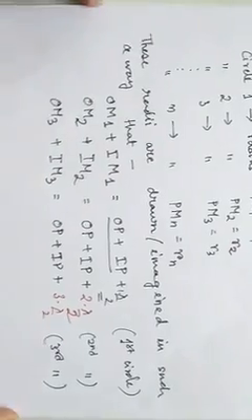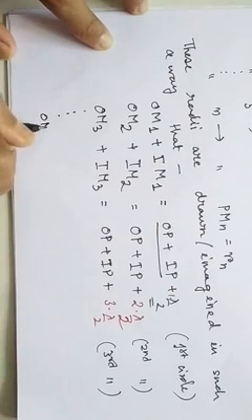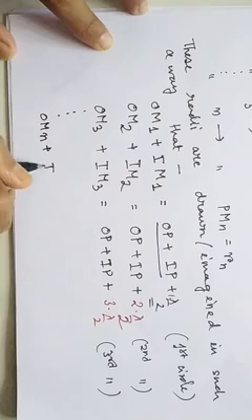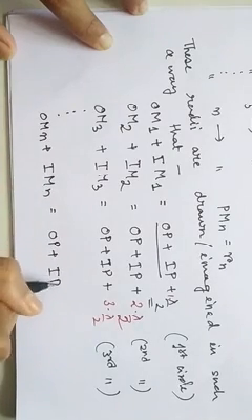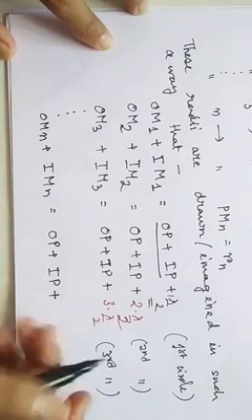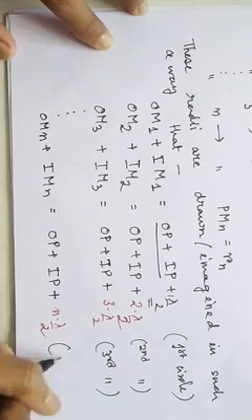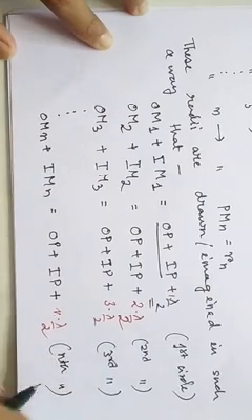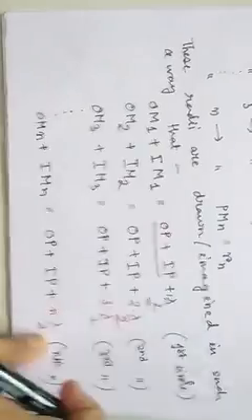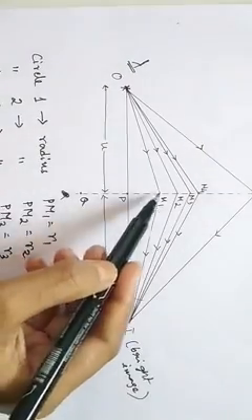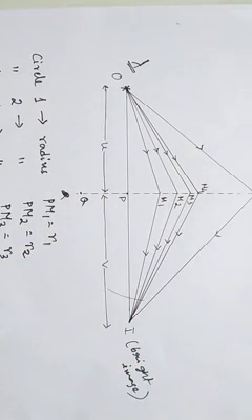In this way, if we go up to the nth circle, then it will be OMN plus IMN equals OP plus IP plus N into lambda by 2. So this is for the nth circle. You see, by drawing these circles, we have drawn some annular zones on this plane RPQ.